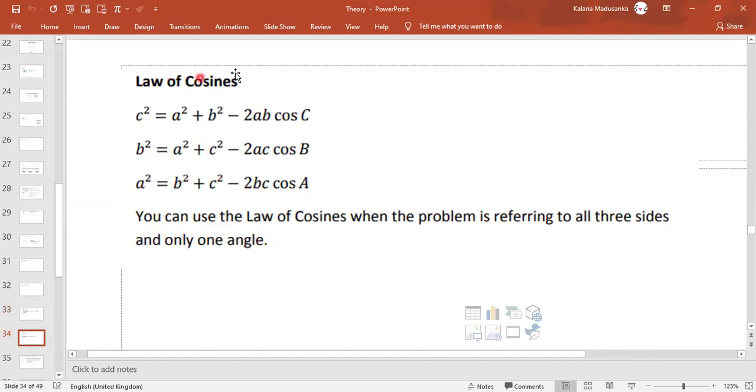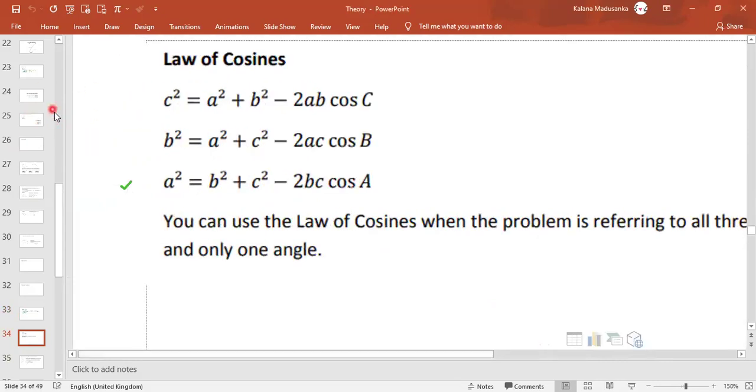So can you see the law of cosines, the three equations? We first of all discussed the first equation here. A square is equal to b square plus c square minus 2bc cos A. Let me write down the other equations as well. I will again draw a simple triangle and the denotations.